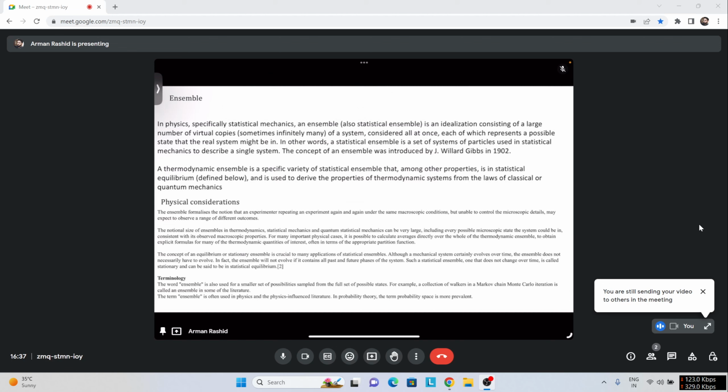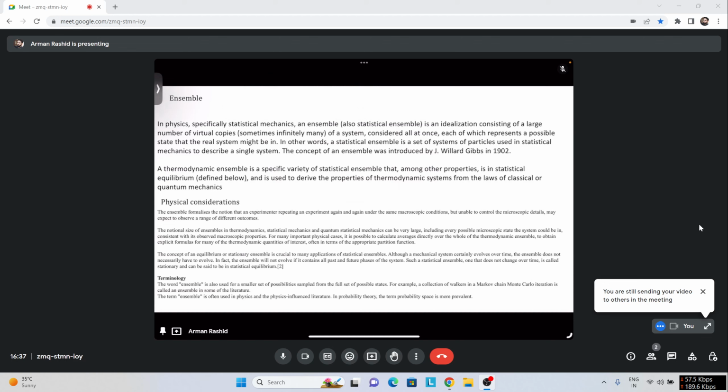Now why do we need to create an ensemble? Using the ensemble properties, we can determine the thermodynamical properties of materials or matter. For example, what is a physical consideration? As I have written here, an ensemble formalizes a notion that an experimenter repeating an experiment again and again under the same macroscopic conditions, but unable to control the microscopic details, may expect to observe a range of different outcomes.